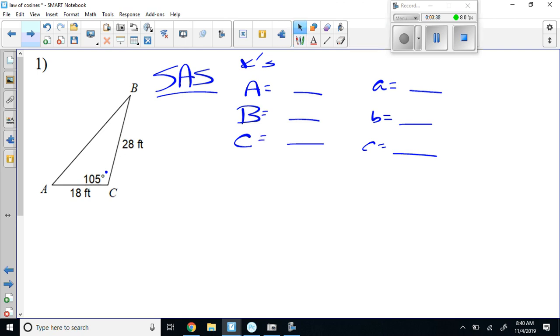Now, let's see. Little b is 18, little a is 28, and C is 105 degrees, right? Notice what we do not have here. What do we not have here, guys? A bridge. We don't have a bridge, do we?